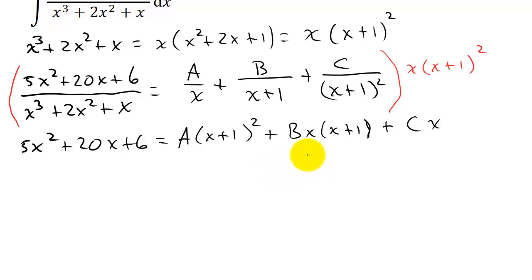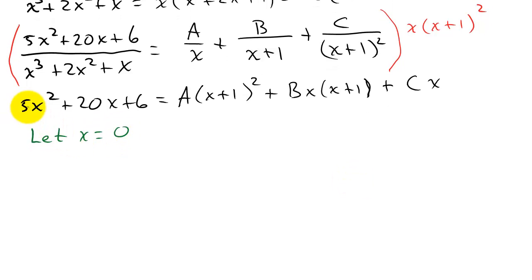Okay, and the reason I'm letting x equal 0 is because if I plug the 0 in here, C times 0 is 0, and here B times 0 is 0, and then if I plug the 0 in here, that would be 1. What I'm getting at is this whole term's going to go to 0, and I'm going to be left with just this one, so I'll be able to figure out what A is. Okay, so I'm going to let x equal 0.